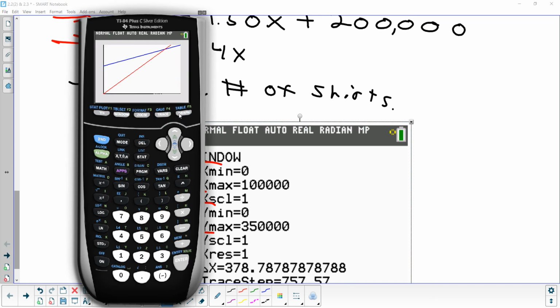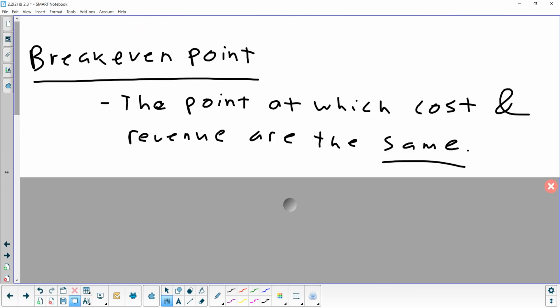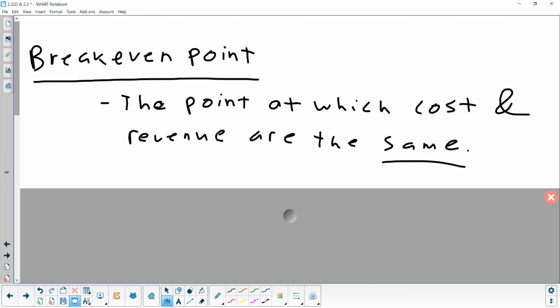Now, I might have already mentioned it. Does anybody know what we call the point where the cost and the revenue cross each other? Yep, the break-even point. So the break-even point, if you want to think about it algebraically, is where C of x equals R of x.